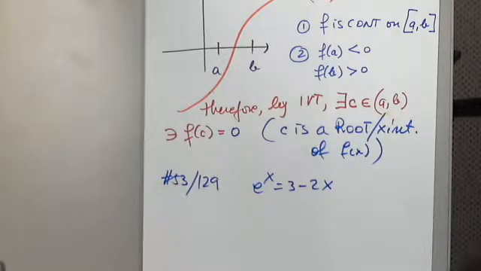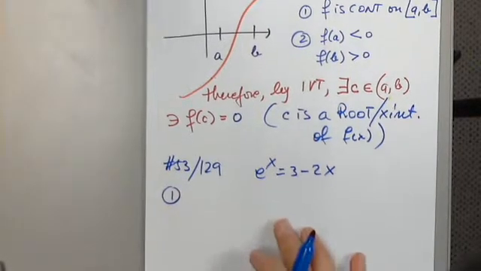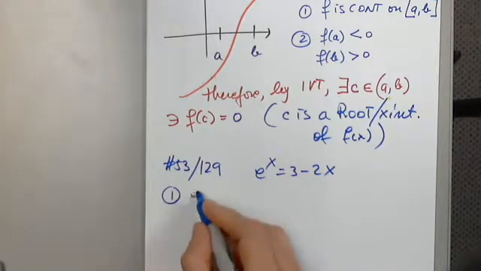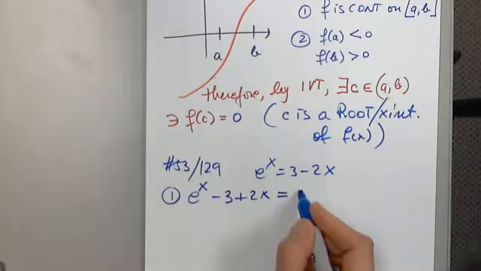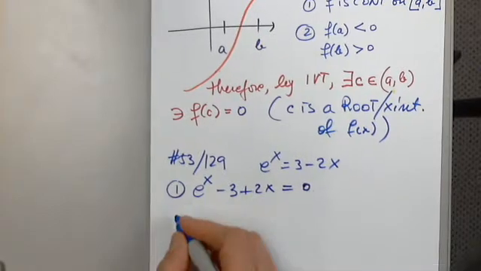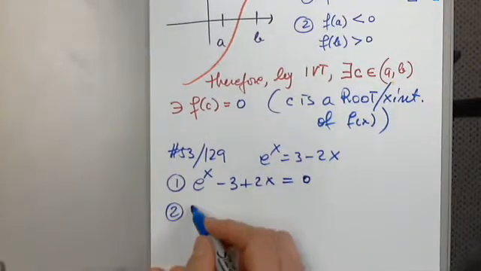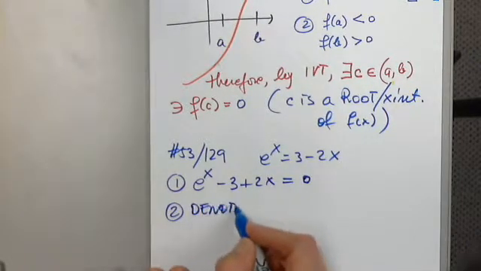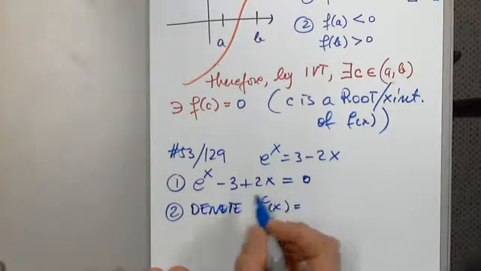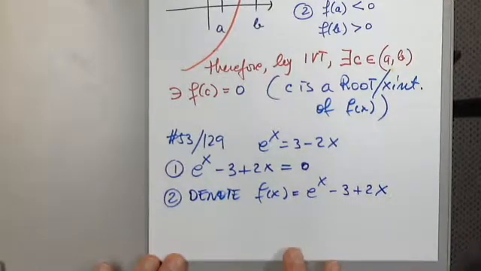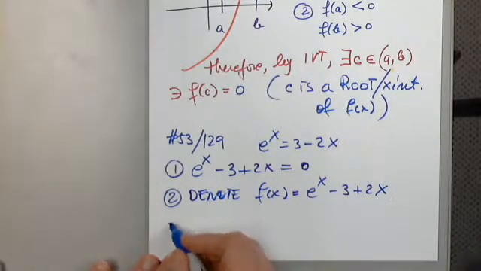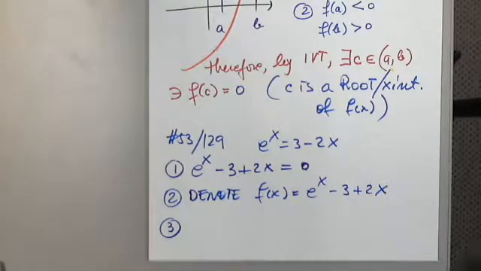So the first step is to move everything to one side: e^x - 3 + 2x = 0. Step number 2, denote by f(x) this expression, e^x - 3 + 2x. In step 3, in this particular problem, we are given the interval.